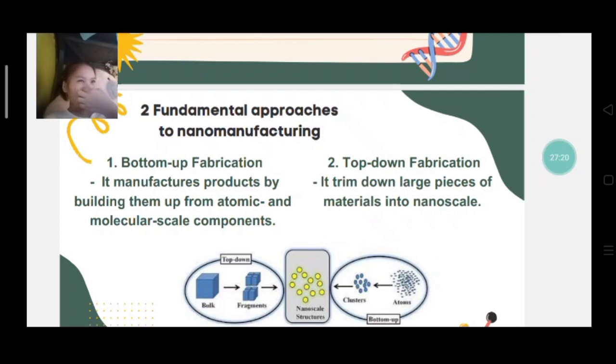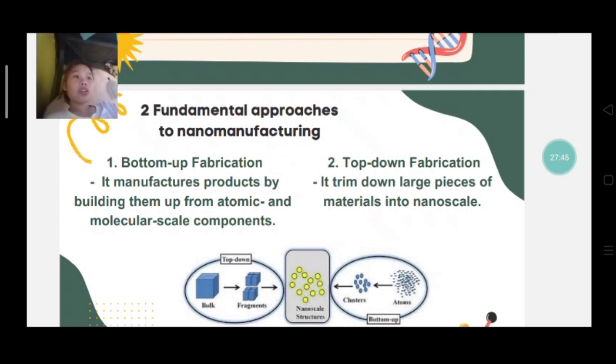The bottom-up fabrication is a technique used in nanotechnology to build nanoscale structures and devices from individual molecules, atoms or molecules.